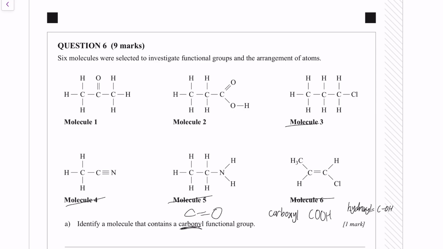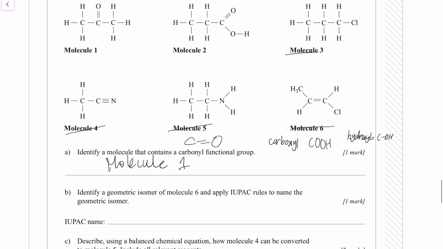The answer sheet does identify it as molecule 1 or 2, but to be honest, if I want to be more accurate, I would choose molecule 1 because that's much safer, because molecule 2, you could argue that it's actually a carboxyl group, given that we also have OH, but it's again up to you. I guess it does contain that carbonyl functional group as well. So molecule 1.